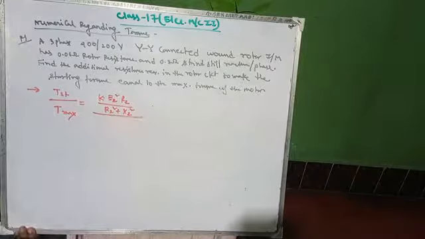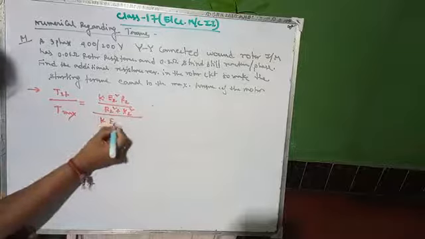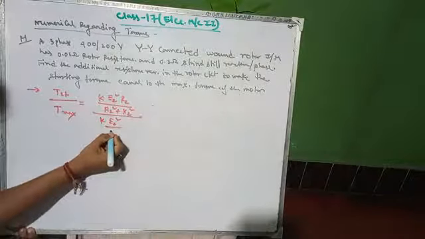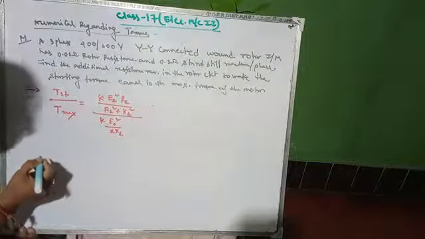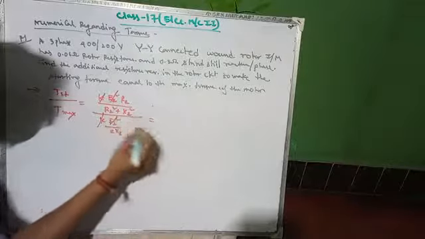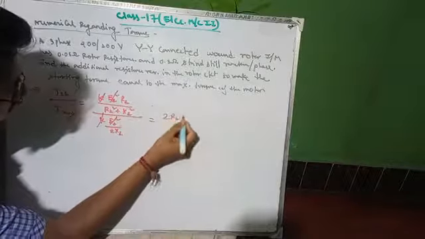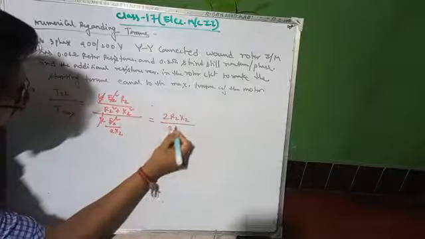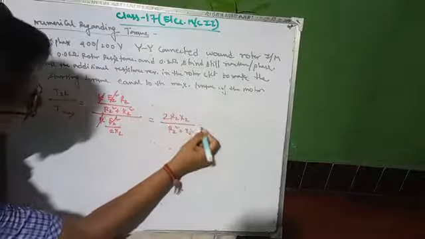And the formula for the maximum torque will be K E2 square by 2X2, right? So K will be cancelled out, E2 square will be cancelled out, 2R2X2 divided by R2 square plus X2 square.